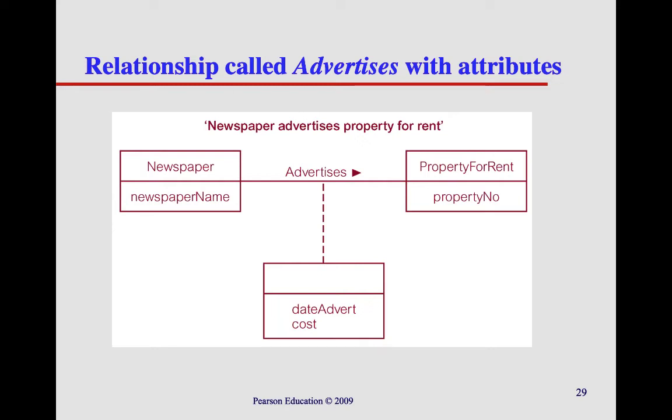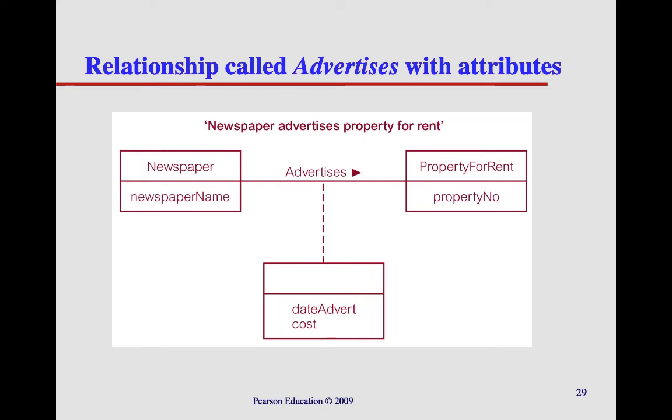Depending on how we say it, maybe a newspaper can advertise 0 to many properties. And a property may be advertised in 0 to many newspapers. If it's already leased, obviously it is being advertised in 0 newspapers.